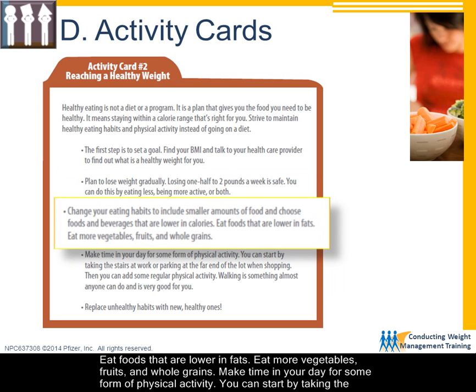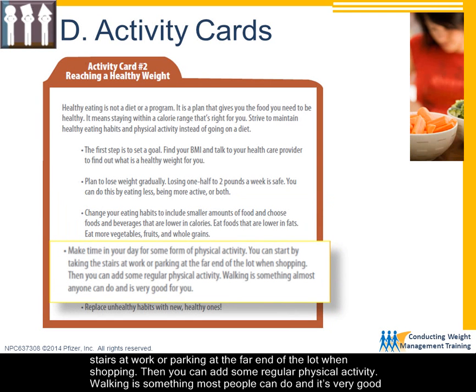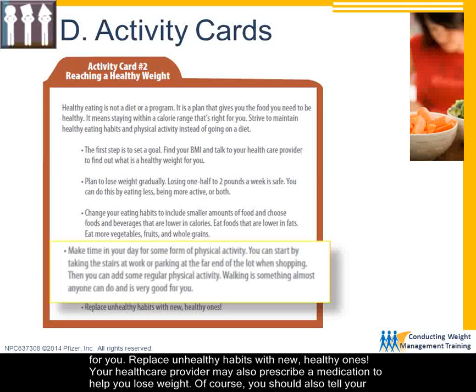Eat more vegetables, fruits, and whole grains. Make time in your day for some form of physical activity. You can start by taking the stairs at work or parking at the far end of the lot when shopping. Then you can add some regular physical activity. Walking is something most people can do, and it's very good for you.